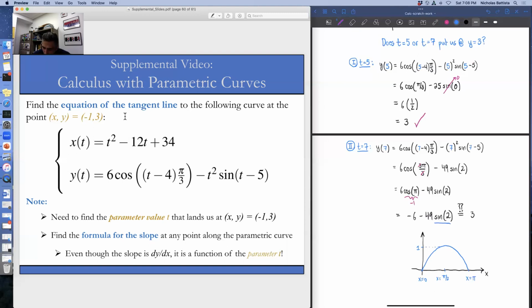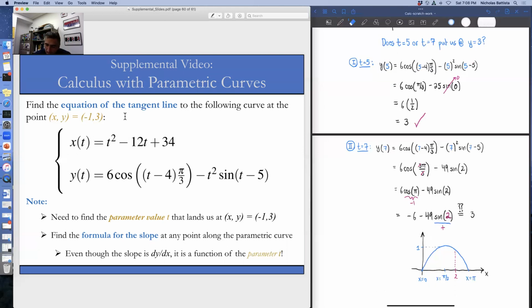And if we're wondering about what x value we care about, we care about what happens at 2, which is somewhere in between pi over 2 and pi. And all we can say about the value of sine of 2 is that it's a positive number, which means we have minus 6 minus 49 times a positive number. We're going to be subtracting minus 6 minus 49 times a positive number.